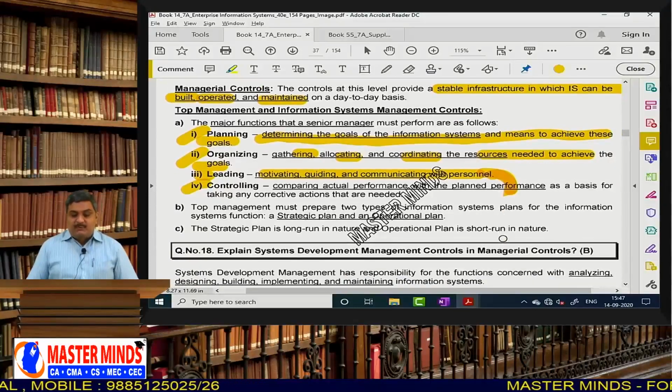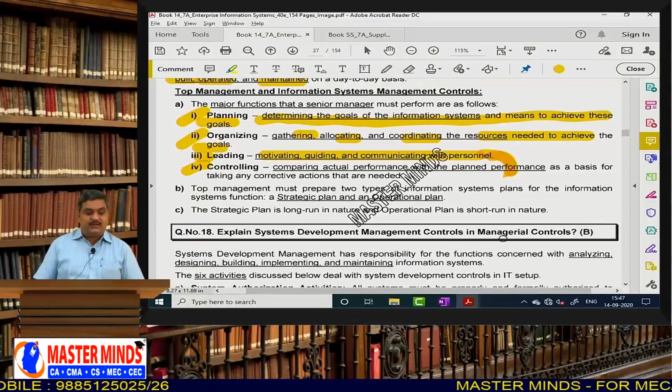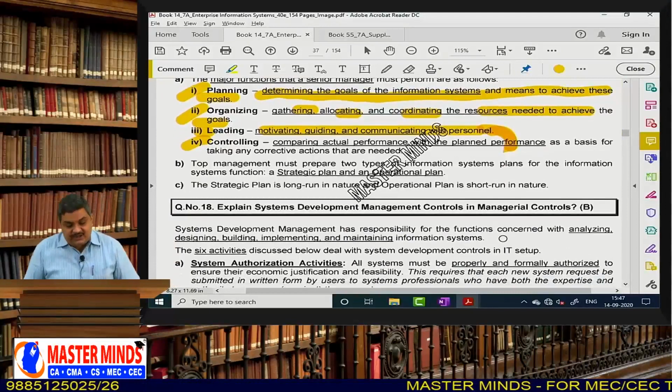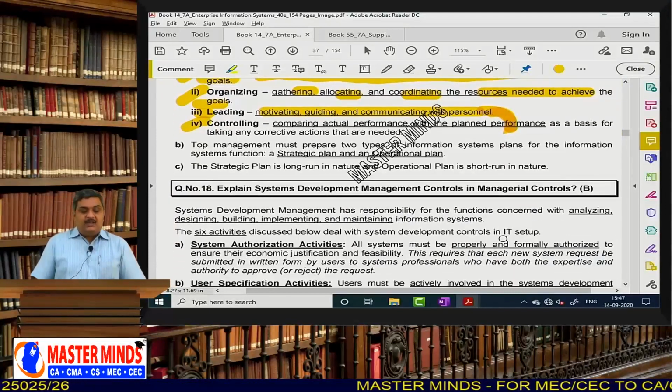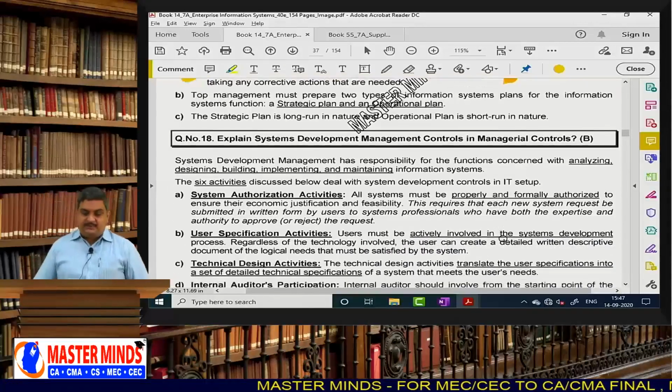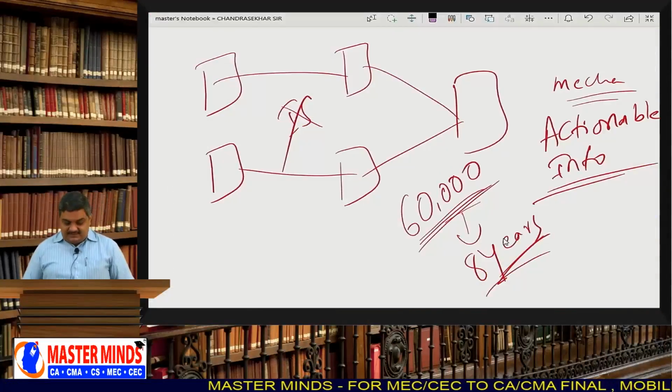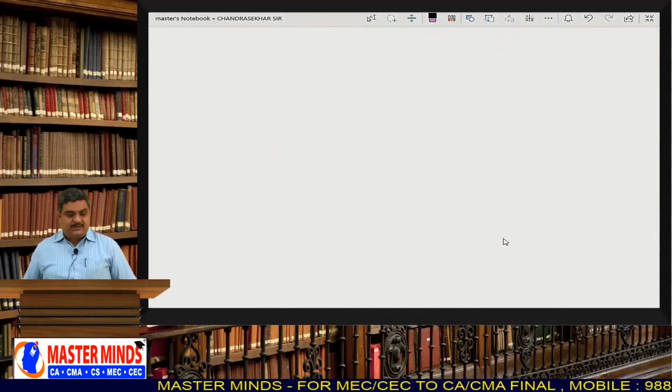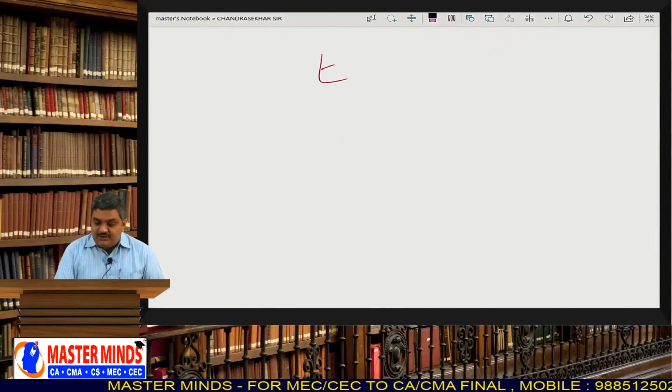Top management must prepare two types of information system plans for the information system function, a strategic plan and an operational plan. The strategic plan is long run in nature and the operational plan is short run in nature. See, EIS is actually a very big word.